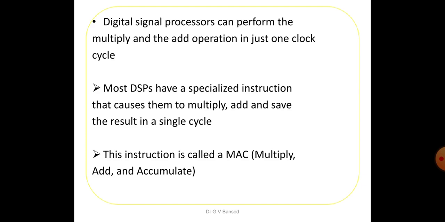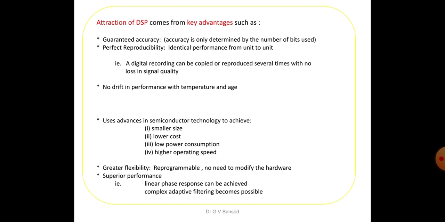We have a hardware unit in the DSP called the MAC, multiply and accumulate. It's a hardware unit, just like the inline barrel shifter in the LPC214, which takes care of shift and rotate operations. So this multiply-accumulate unit can perform all this in a single clock cycle. That's why DSP is important.